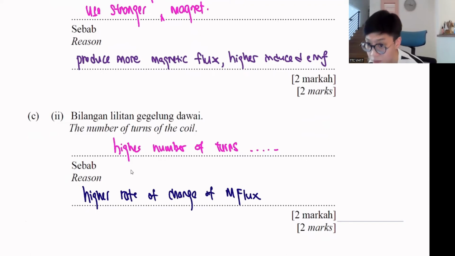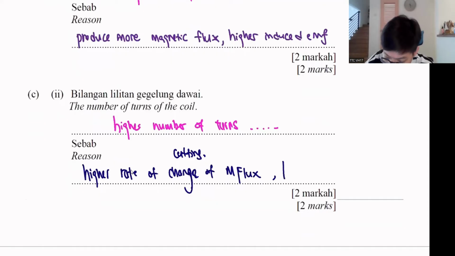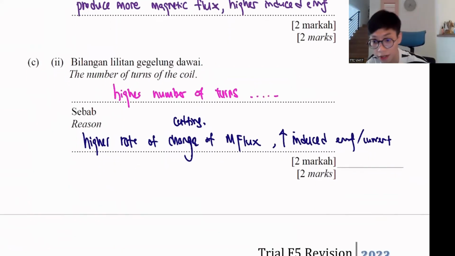Rate of change means cutting. Change and cutting have the same meaning. So to produce more induced EMF and induced current. All right.